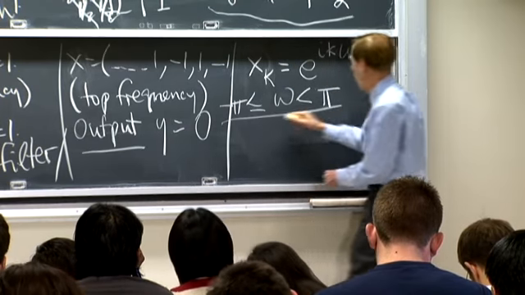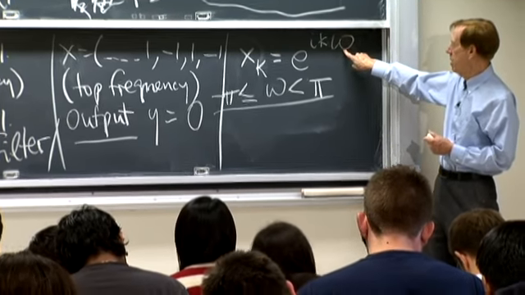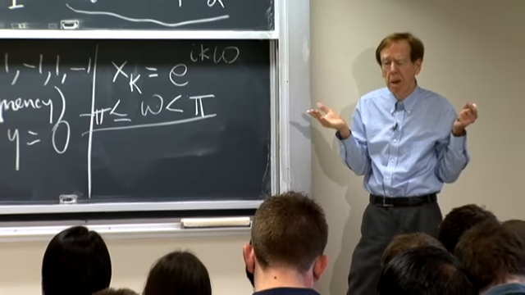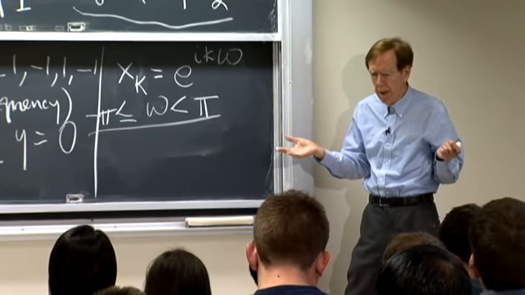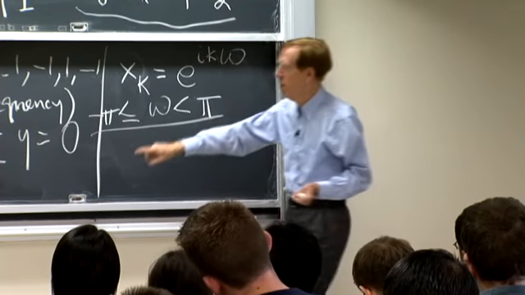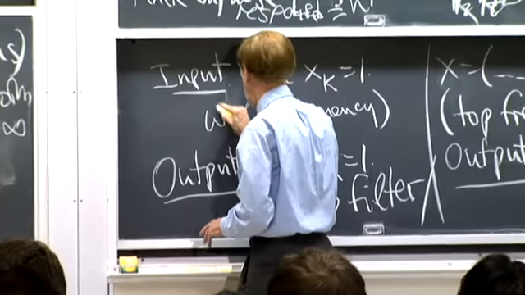Okay. Why do I say minus pi and pi? If omega is 0, what's my signal? All ones, right? So this is the case omega equals 0.